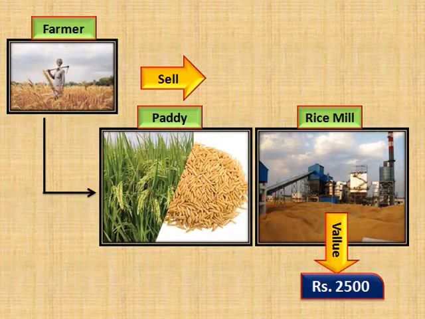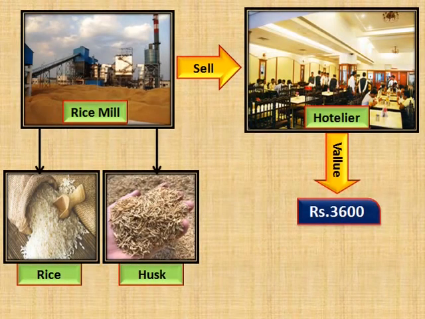Then he sells 100 kilograms of paddy. Let us assume that he did not have to buy any seeds. The total value of paddy produced by him is 2,500 rupees. Here, the rice mill owner bought paddy from the farmer for 2,500 rupees.